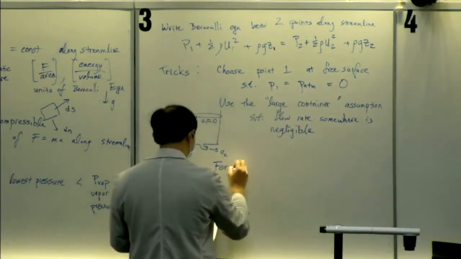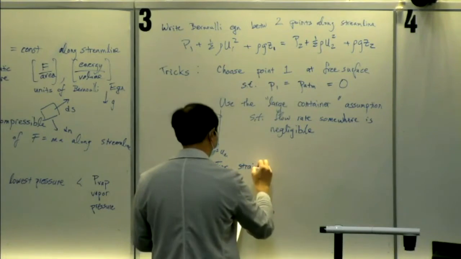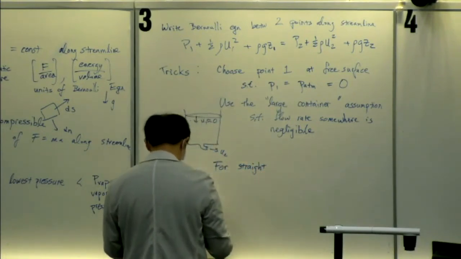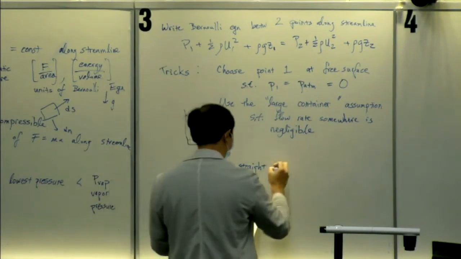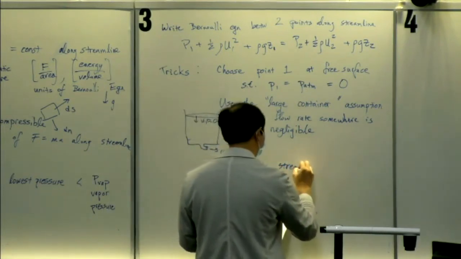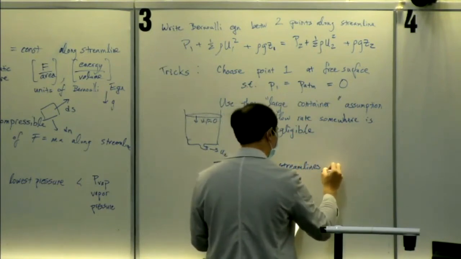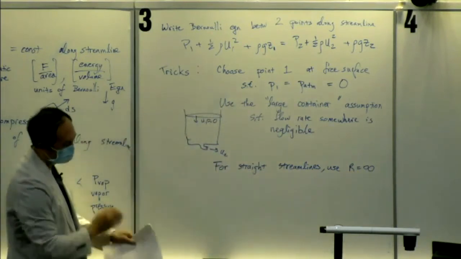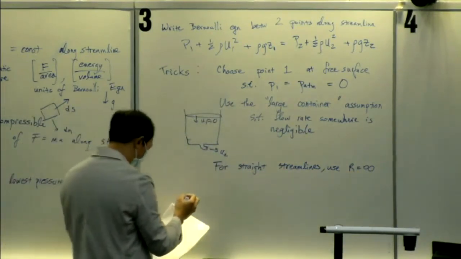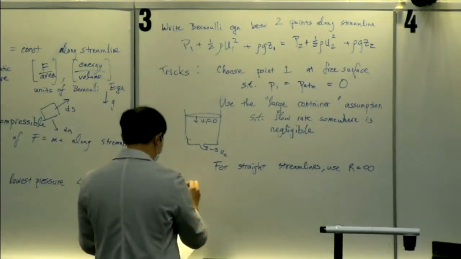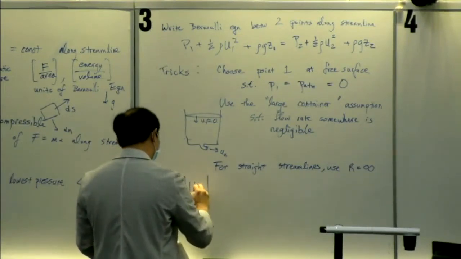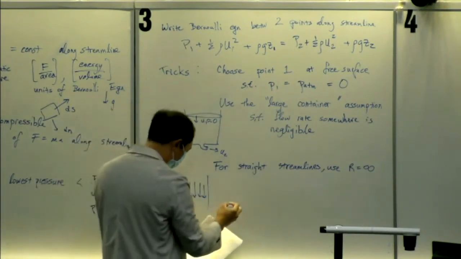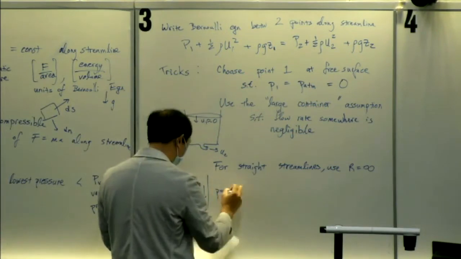All right, the next hint. Consider straight streamlines have a radius that's infinite. Imagine we have these problems where we have these free jets. If it's falling vertically, you have P equals 0 on the free surface.